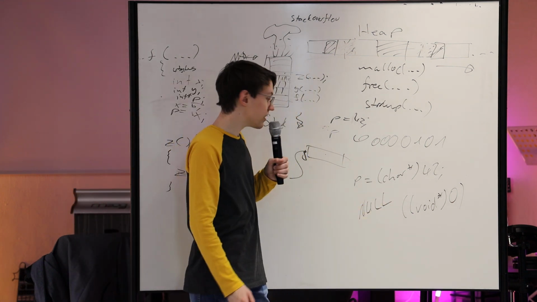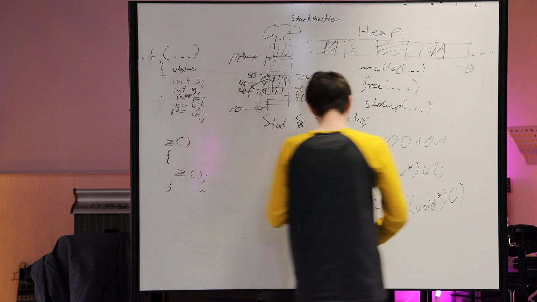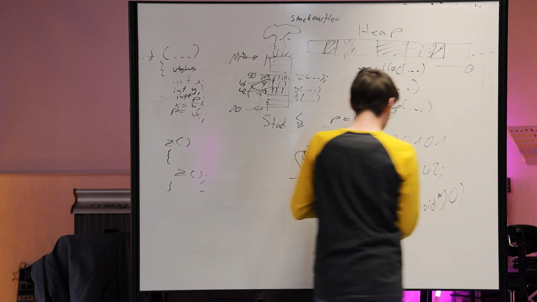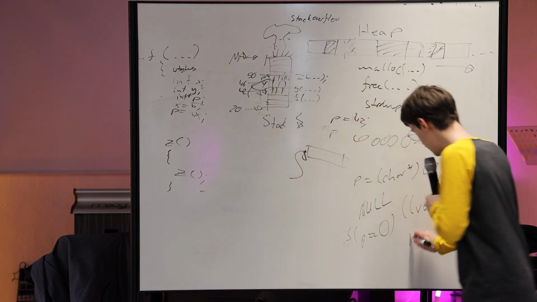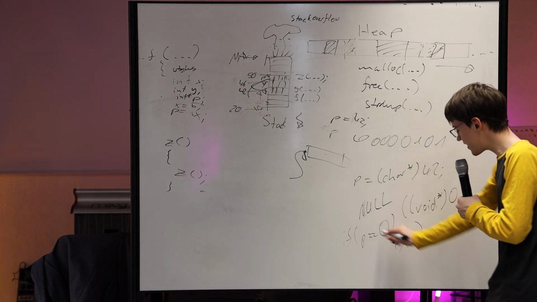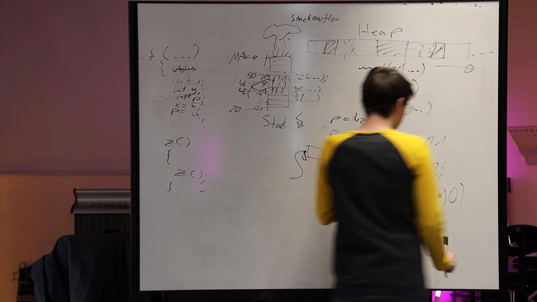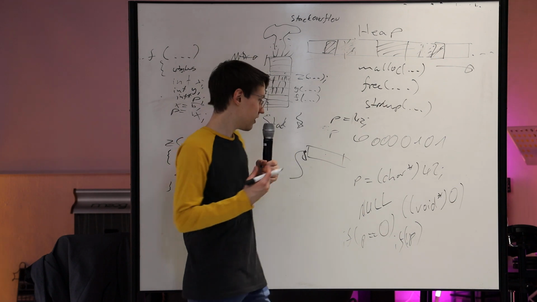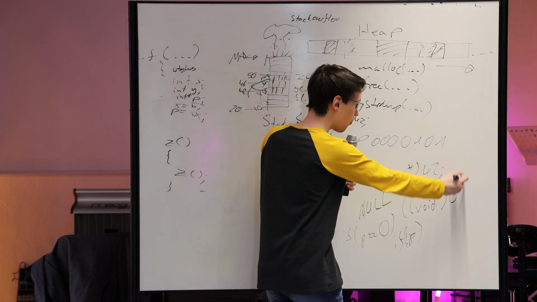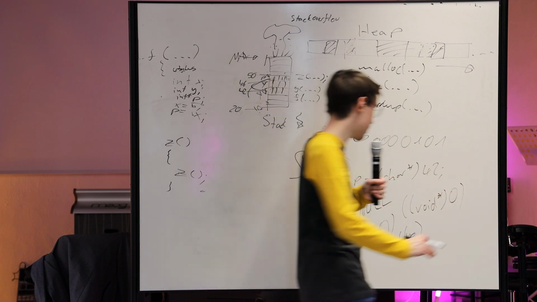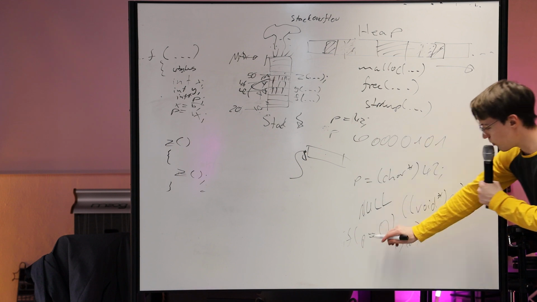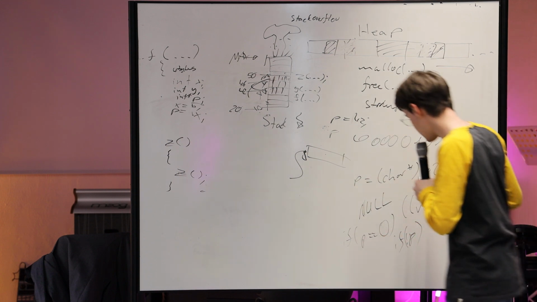This is why it's so important when you say, okay, if P equals 0, many people do that, or they might also do if not P, which basically means exactly the same, then you're assuming that this is how null works, which is not always the case. Sometimes I've really seen implementations where this is not the case, and then this would fail. But this is only a side issue.